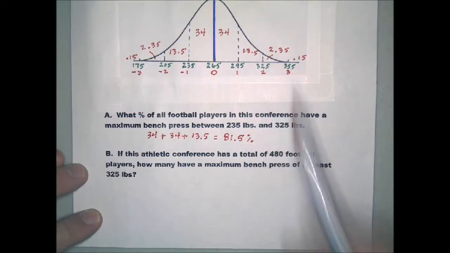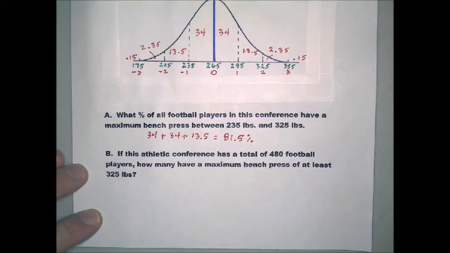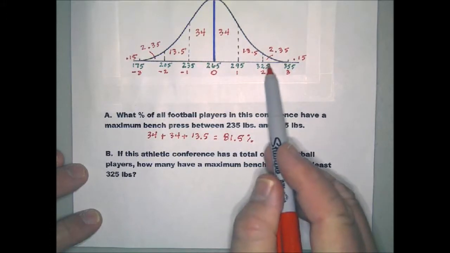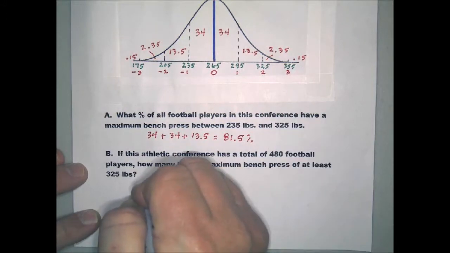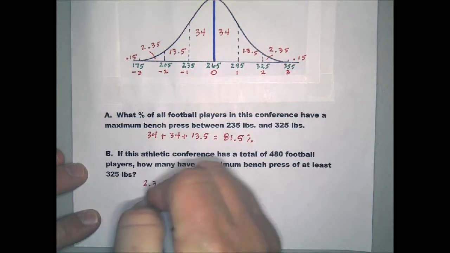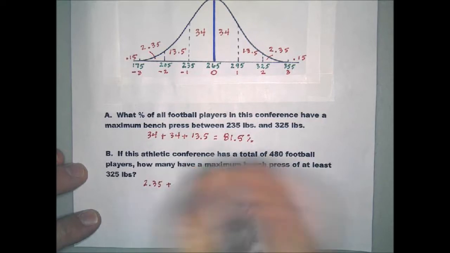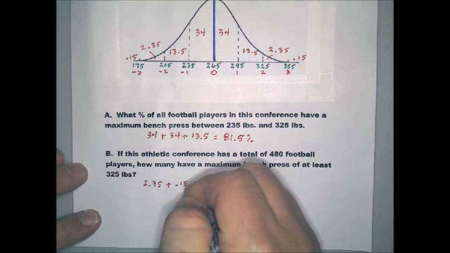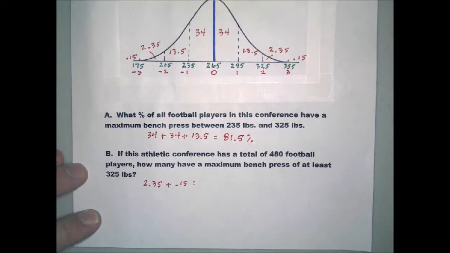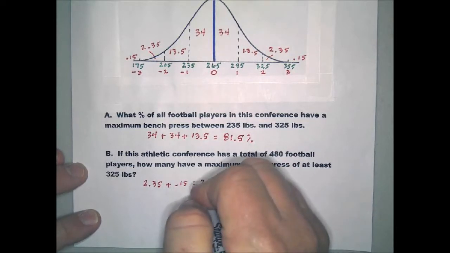So the first thing we have to do is find out what percentage of everybody can lift at least 325 pounds. So it's not that many. It's 2.35 plus 0.15. So from a percentage standpoint, we're talking about 2.5%.